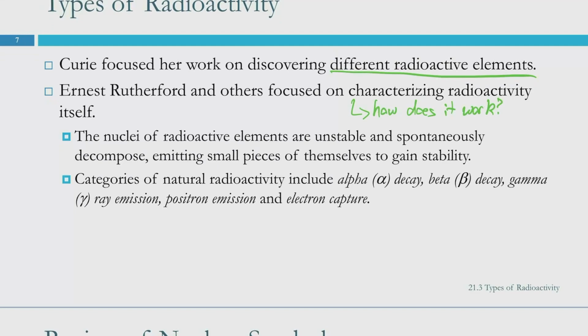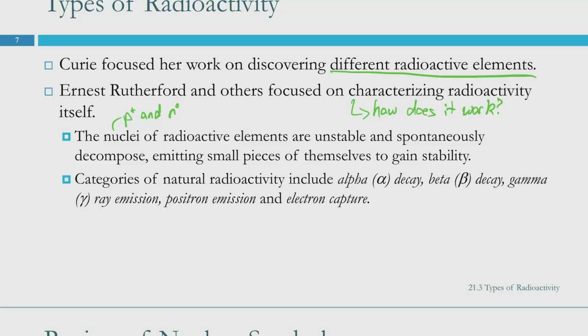So it turns out the nuclei, where the protons and neutrons are, of radioactive elements are unstable, and they spontaneously, by themselves, without any outside intervention, will decompose, and in doing so, they emit small pieces of themselves to gain stability.